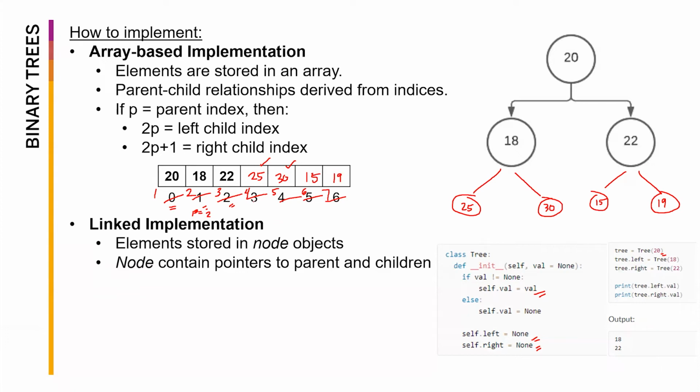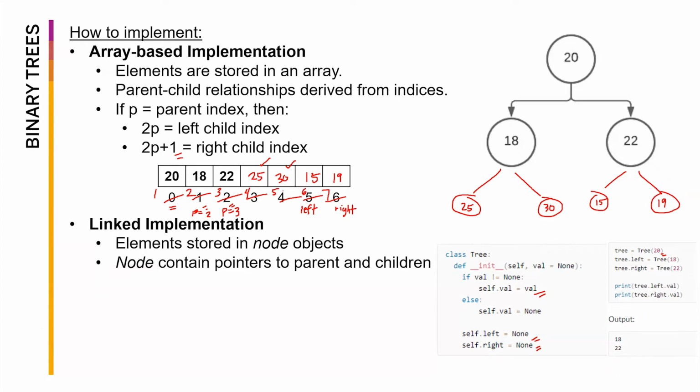So the parent node is 3. The left child is 2P, which is 6. The right child is 2P plus 1, which is 7. And so on and so forth.